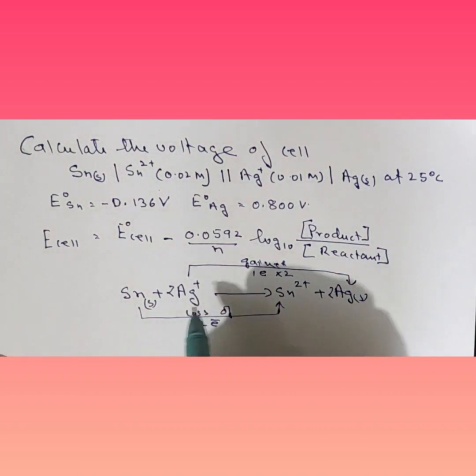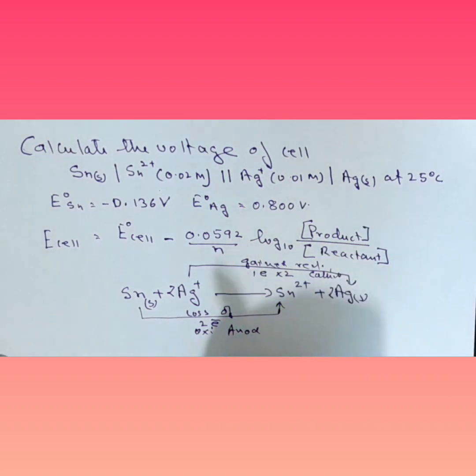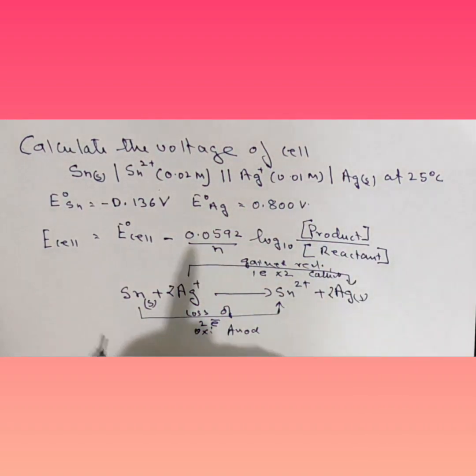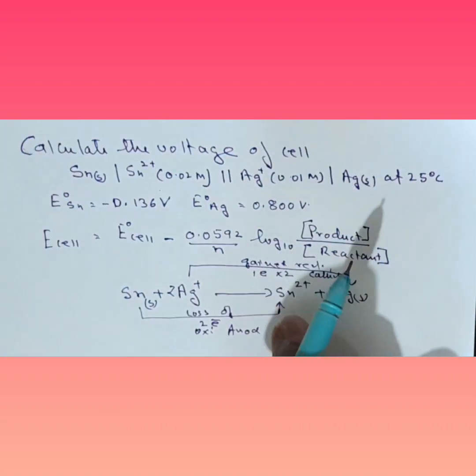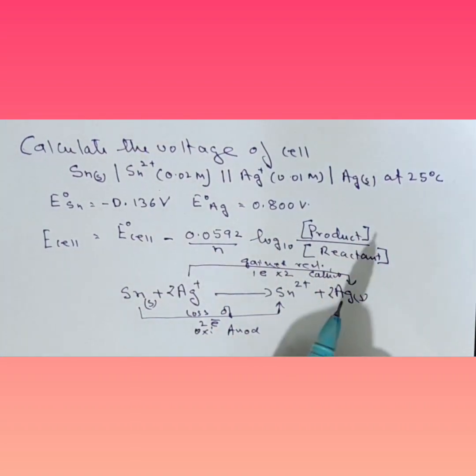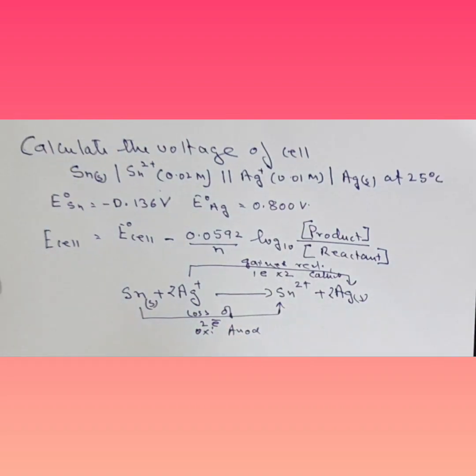So yes, this was oxidation and that was the anode, and this is reduction and that is the cathode. So no problem. Now let us also write the cell reaction. This is the cell, this is the ionic format. Now let's also write the cell reaction to understand it clearly.